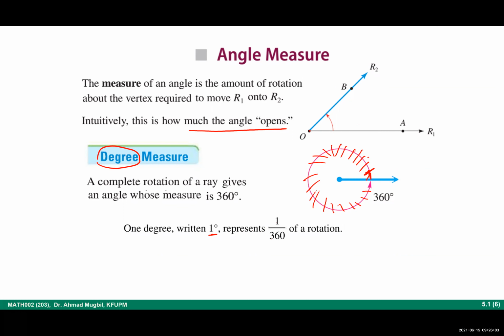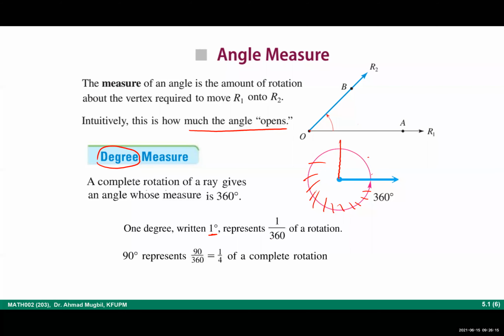No one knows exactly why this number specifically. When you have 90 degrees, counting 1, 2, 3 until 90, you have a fourth of the full rotation. So this is 90 degrees. If you are here, this is 180 degrees, half of the rotation.